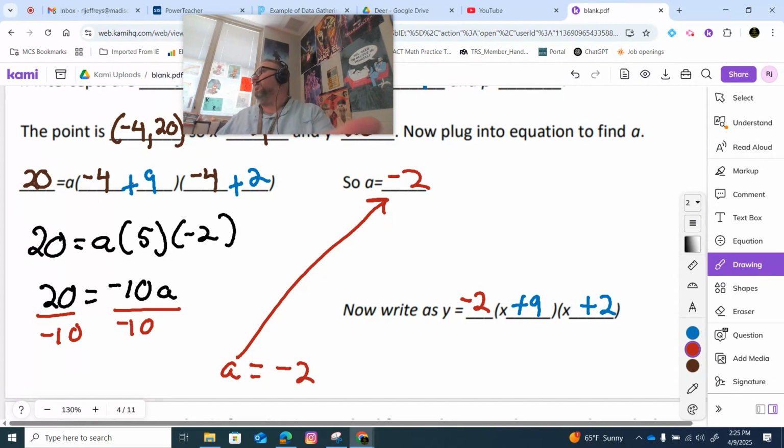I've done math for a long time. I've never done quadratics like this. Ever. I don't know why they think that this is a new thing.